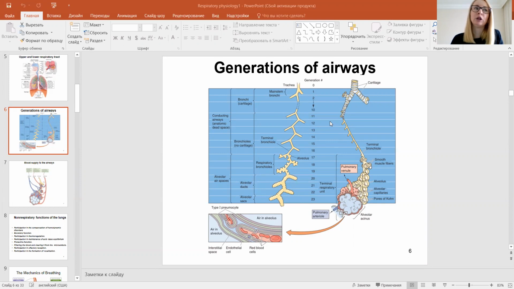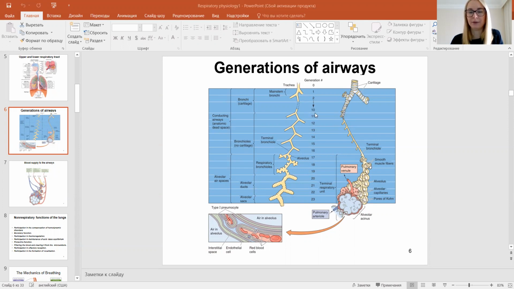The other important thing is that the first 10 generations of the bronchial tree have concentric cartilage. You see this on this picture. This cartilage prevents the bronchi from collapsing.